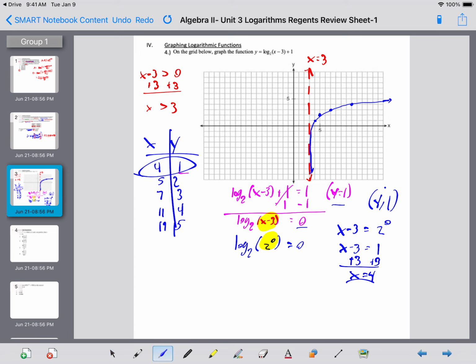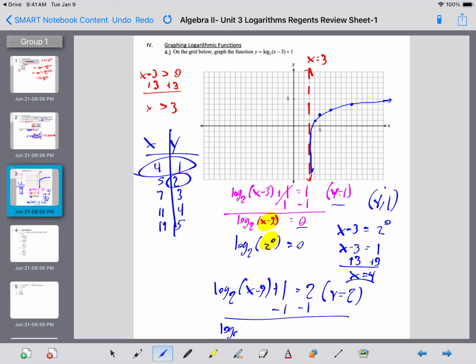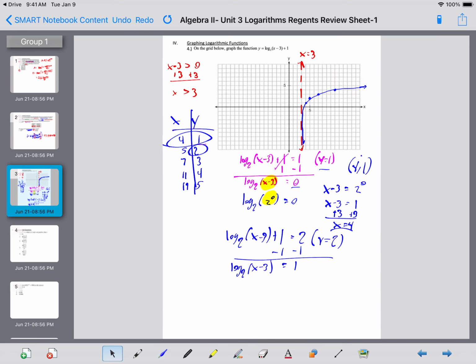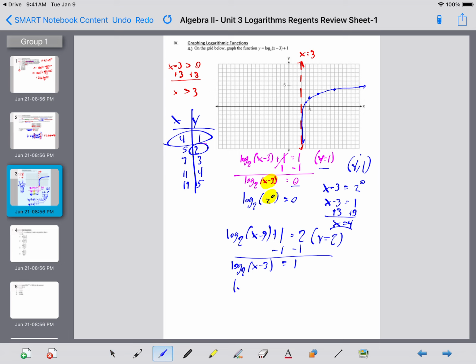Let's do one more. We want to find where it reaches 2. So log base 2 of x minus 3 plus 1 equals 2. This is where y equals 2. Subtract 1, you get log base 2 of x minus 3 equals 1. In order for this log base 2 to equal 1, your argument would have to equal 2 to the 1, right?